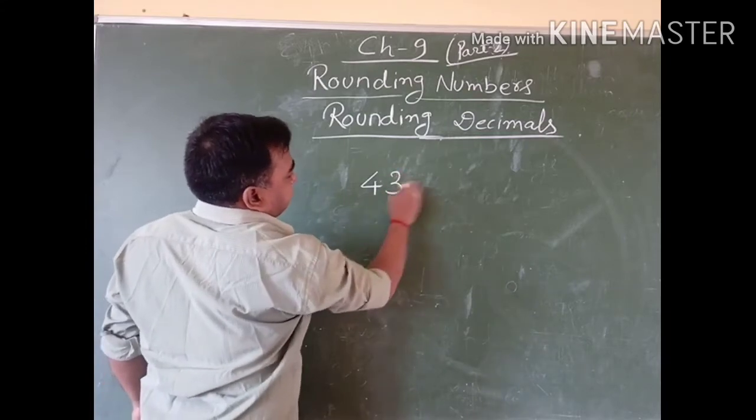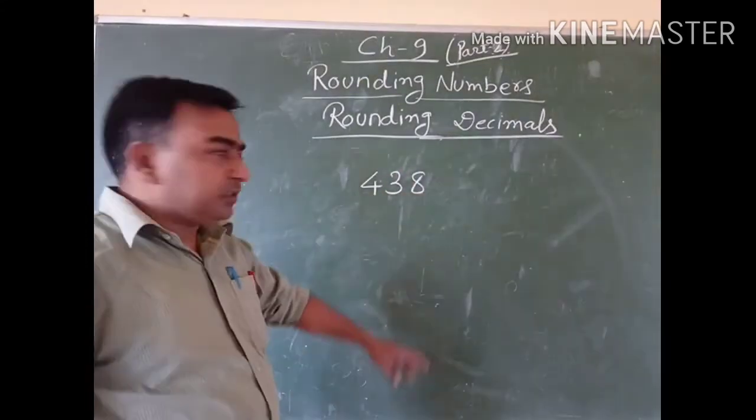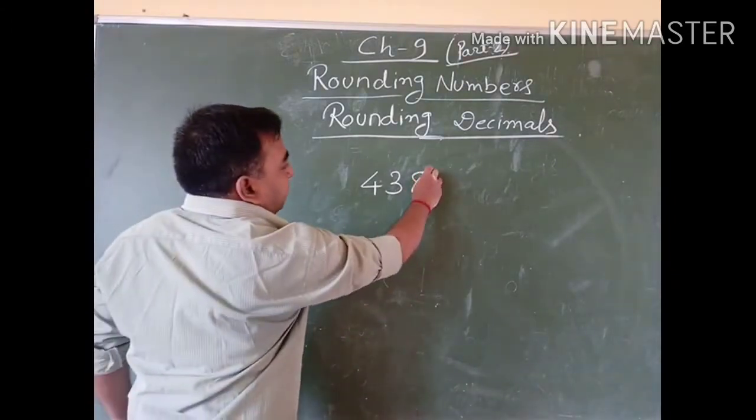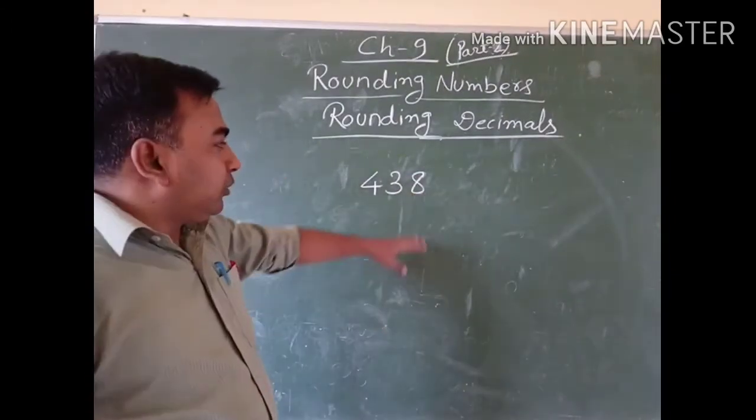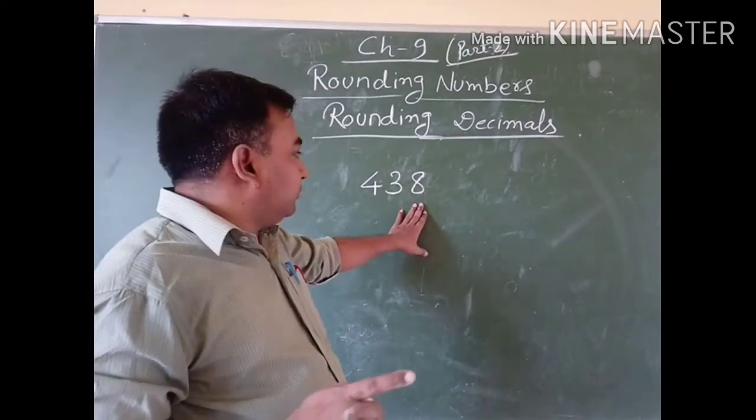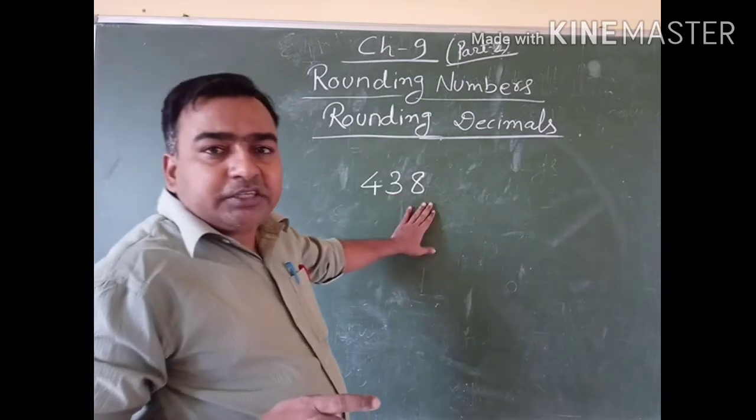Suppose that I have written a number of 3 digits. When we talk about the whole number, we read this number 438.